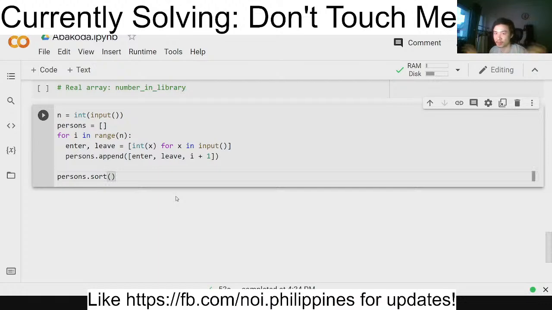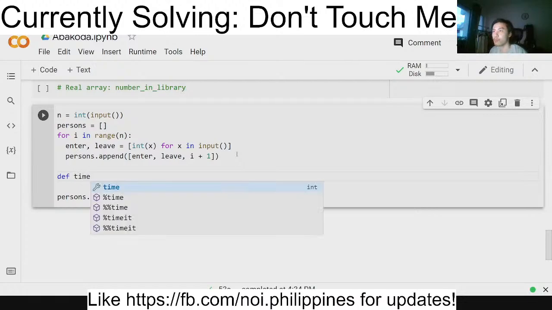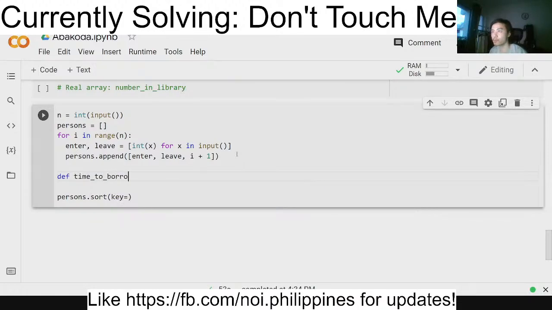Okay, then what? Well, we can sort the list of persons. And I've talked about this in a previous video. How do you introduce a custom sorting rule? So we can do it this way.